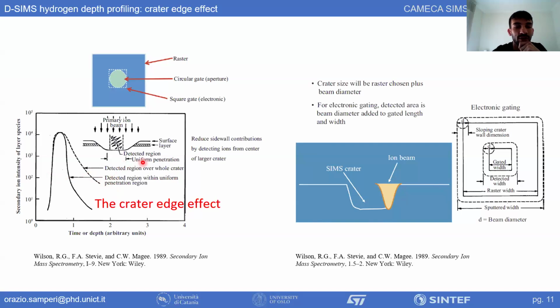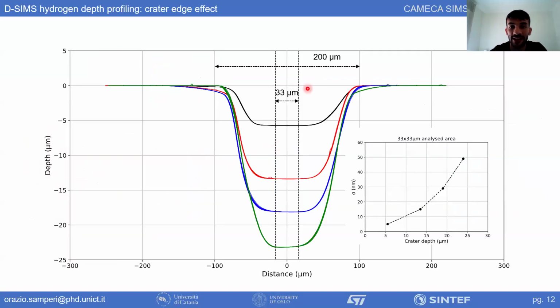Of course, you want to avoid this effect to obtain a real, true profile without artifacts. The problem with the crater edge effect is that it becomes more probable during the sputtering process, because the deeper you go, the higher is the probability of experiencing this effect.